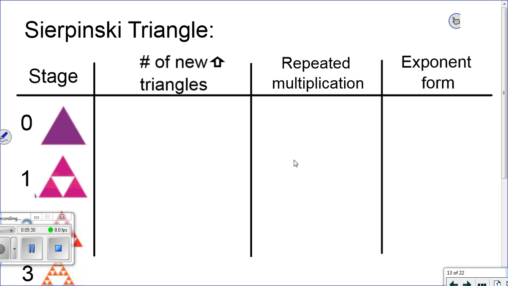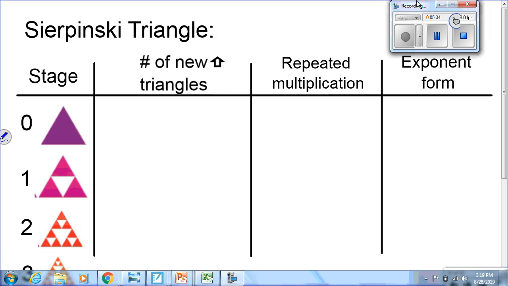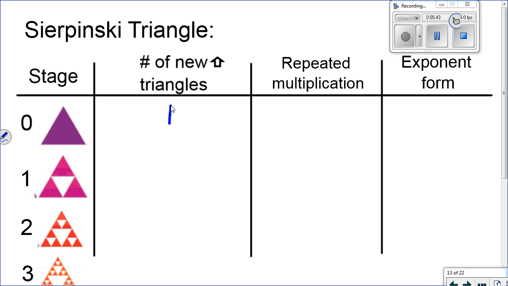All right, we're going to take this a little bit further now. So if we think about that Sierpinski triangle, if we look at stage 0, how many new triangles are there? One new triangle. We've created one triangle. I'm going to skip this for the moment. We're going to get back to that. Let's look at stage 1.